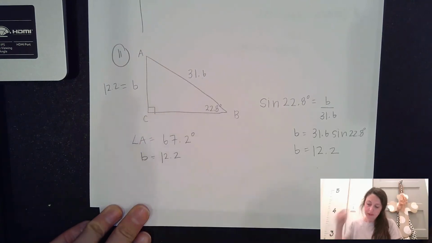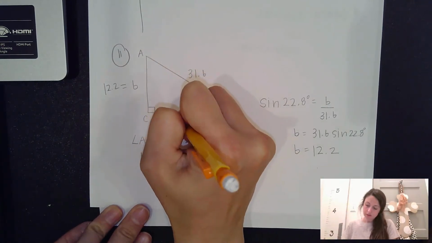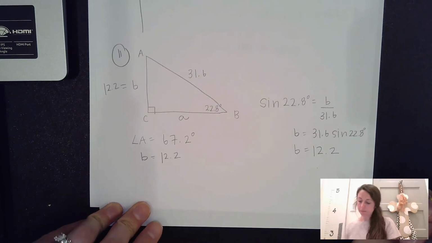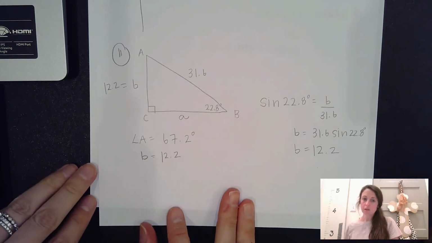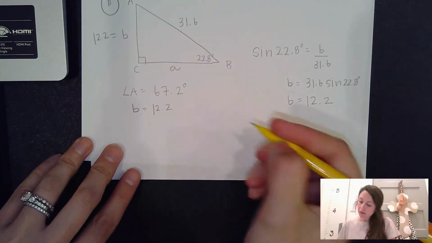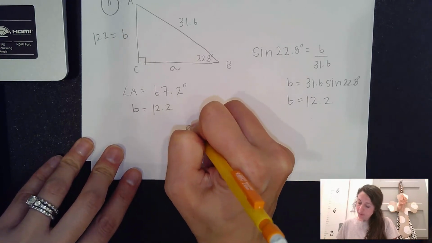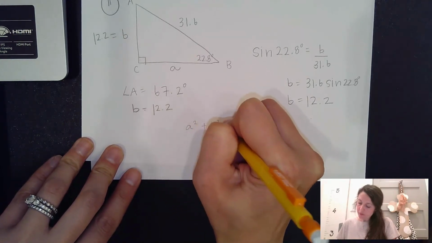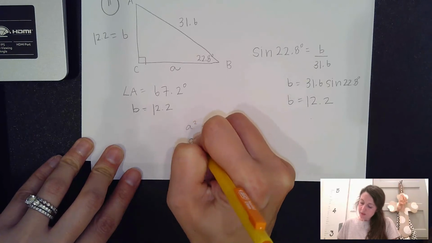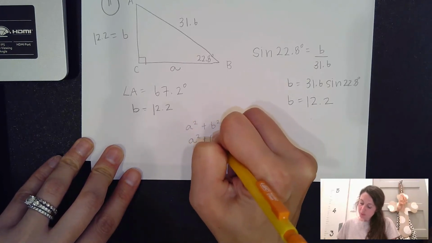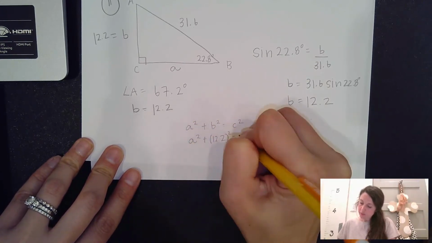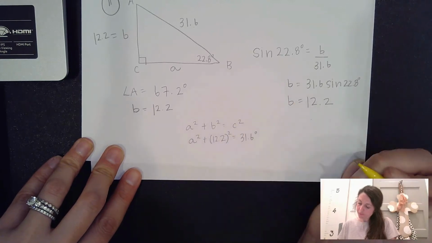And then you could find side A. So how could you find side A? So you could use the Pythagorean Theorem here. So a squared plus b squared is equal to c squared. So you would have a squared plus 12.2 squared is equal to 31.6 squared.